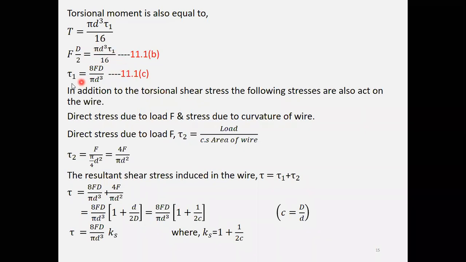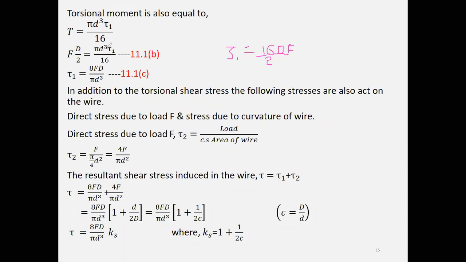Now take this 16 to the left hand side. The 2 gets cancelled, and the remaining is 8. Therefore tau 1 is equal to 16 divided by pi d cube into F d by 2.